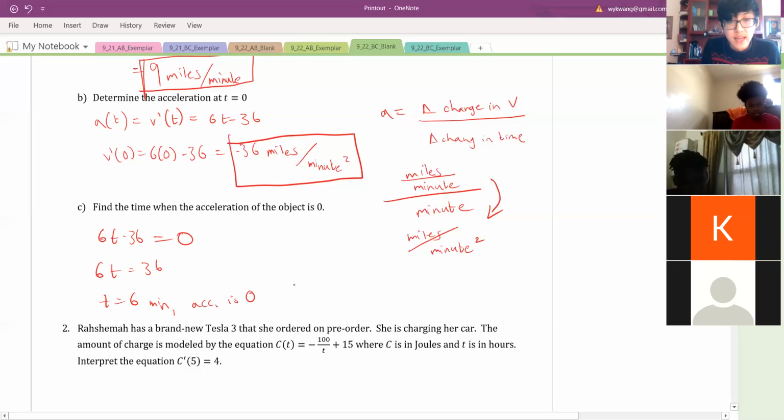And what that means is that the change in velocity at this moment is 0. If I just want to make that more clear, the change in velocity at this moment is 0 when the acceleration is 0.